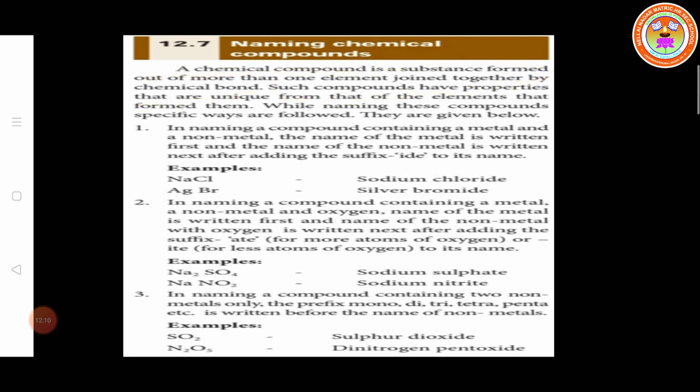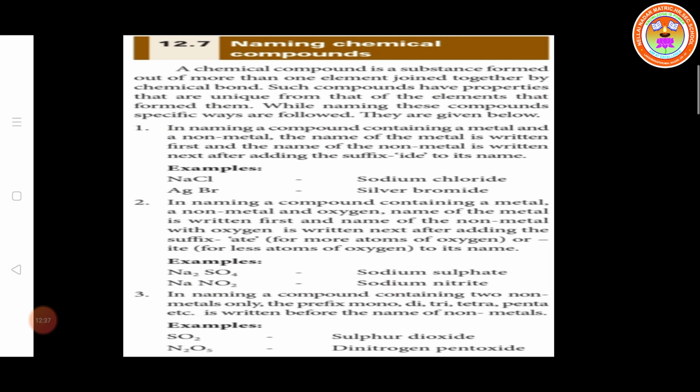Such a compound has properties that are unique from those of the elements that formed it. The property of the compound is entirely different from the properties of the elements. The naming of these compounds follows a specified way. They are given below.